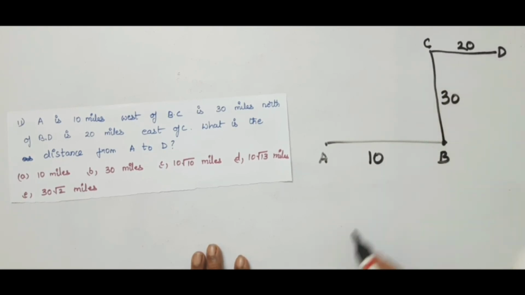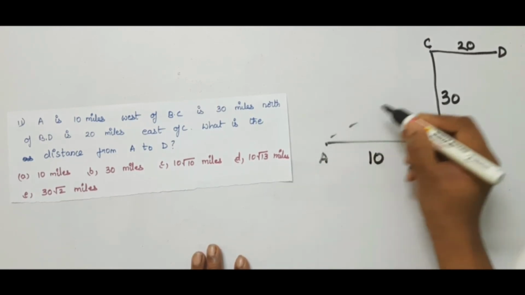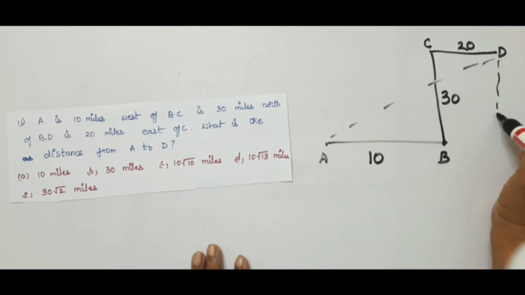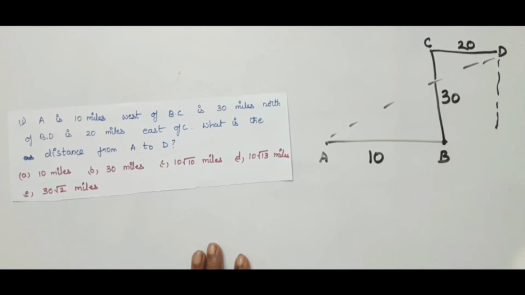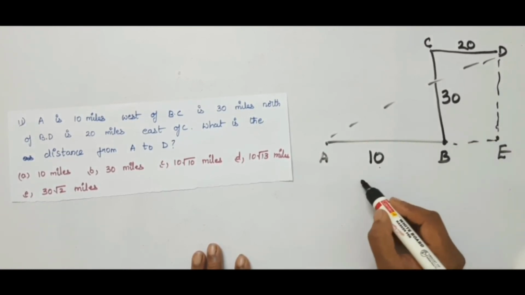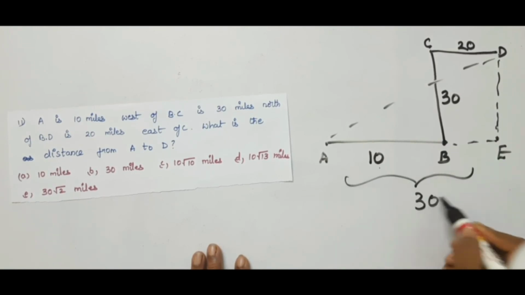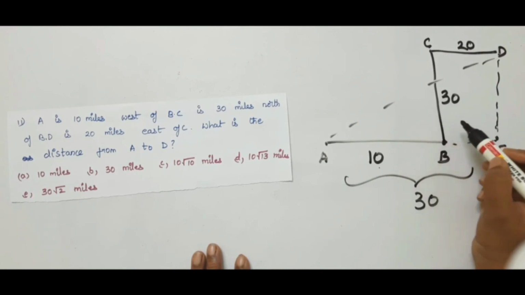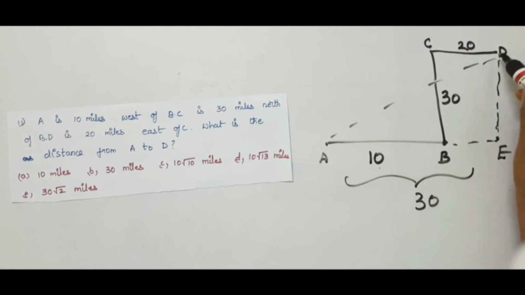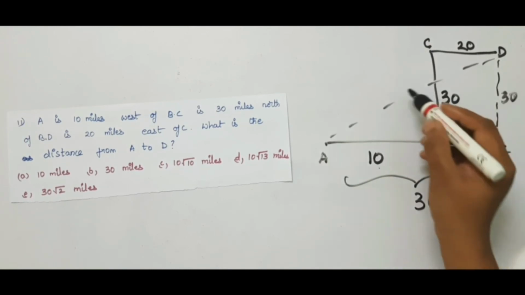So this is D. And we are asked to find the distance from A to D. So simply join this, giving a point, let it be E. If this is 10 and this is 20, the total distance will be 30. From B to C it is 30, and as it is the same distance, this will also be 30. Now we have to find this distance.